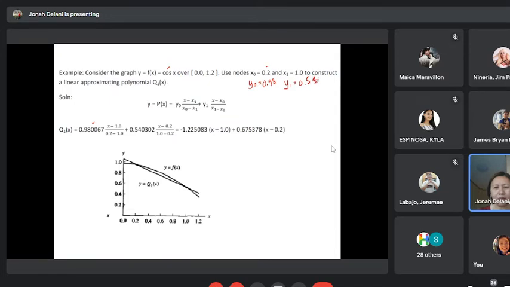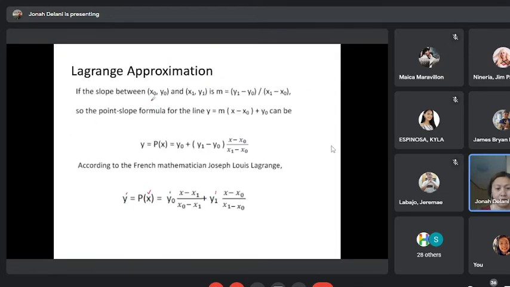So when we construct its linear approximation, we would have, of course, I think you do not have to memorize it. Just remember y0, y1, at the bottom x0 minus x1, x1 minus x0. On top, x minus x1, x minus x0.